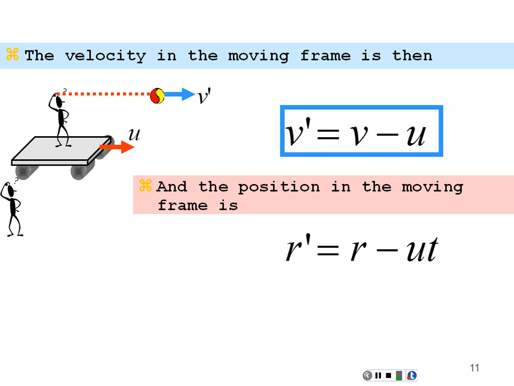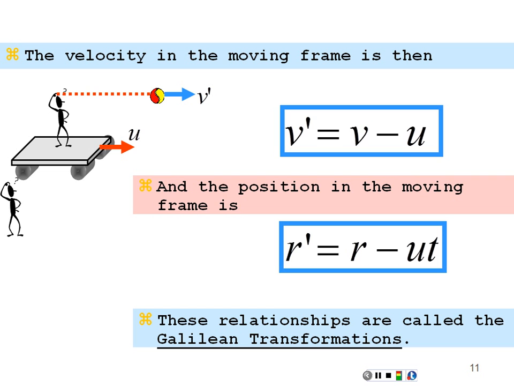So there's going to be a correction based on the fact that your frame of reference is moving. These relationships are called the Galilean transformations. They allow us to transform from a rest frame to a moving frame and still discuss velocity and position from these transformations.